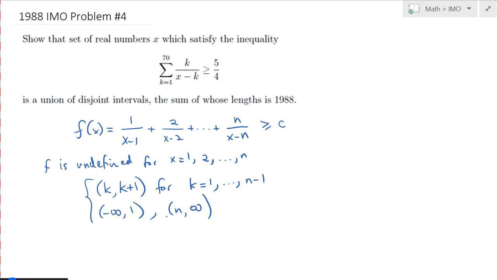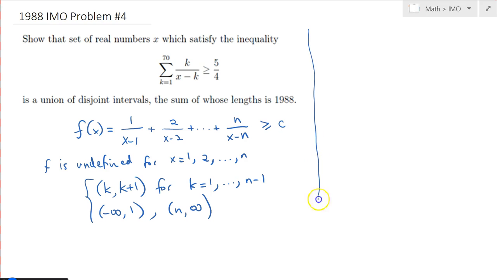So now I observe that our function f is defined on all these intervals, and moreover within each individual interval our function is a decreasing function. It's continuous and it is decreasing. So let's have a look at, for example, any given interval, let's say the generic interval k to k plus 1.